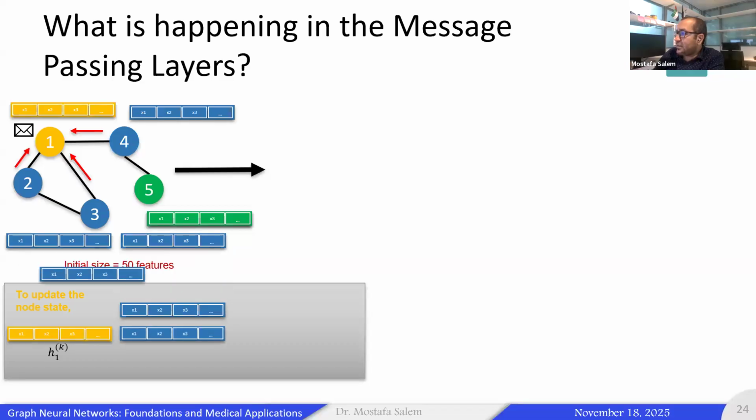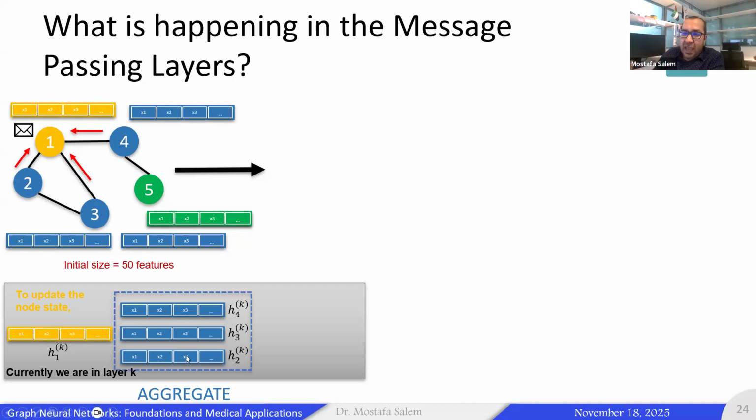We will denote this by H. So H1 is the yellow node information, and H4, H3, and H2 are the embeddings of the direct neighbors, which are 2, 3, and 4, to the focus node number 1. So this is the first step. This is the gather. Each node gathers the embeddings of its neighboring nodes, the direct neighboring nodes.